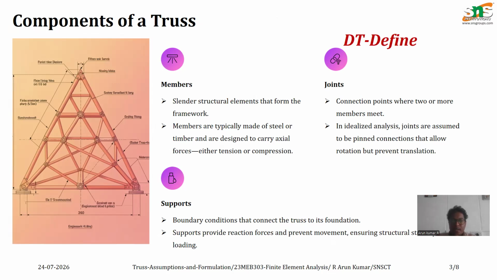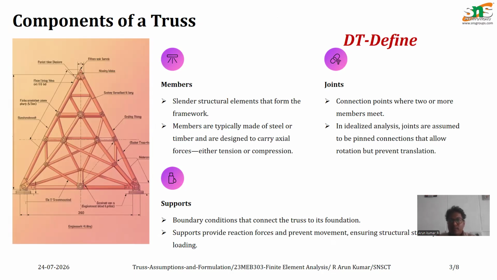So what are the components of the truss? There are three components: members, joints, and supports. First of all, members are slender structural elements that form the framework. Members are typically made of steel or timber and are designed to carry axial force, either tension or compression.